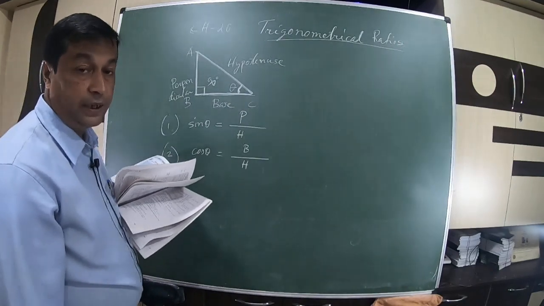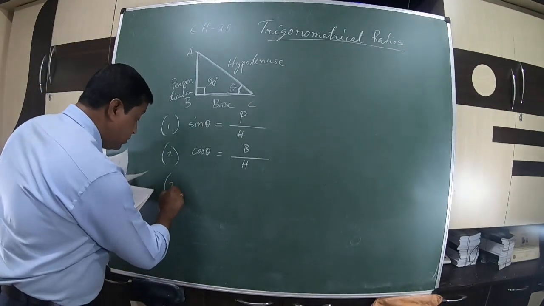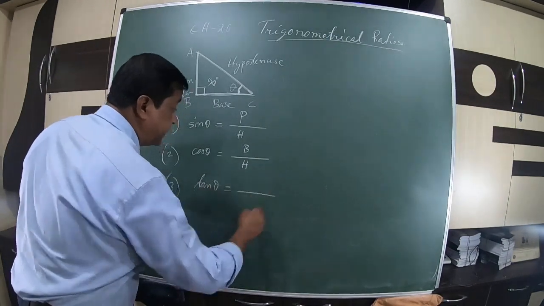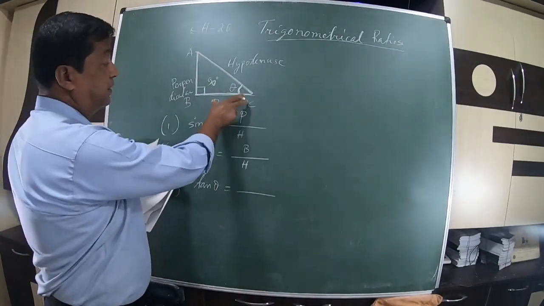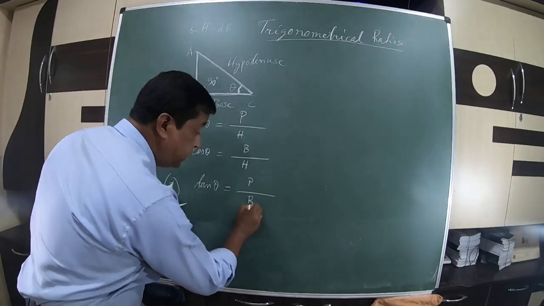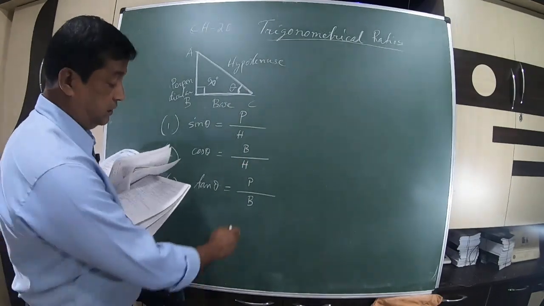The next, tan theta, that is the ratio of perpendicular and base. You can write it in short as P by B. P means perpendicular, B means the base.